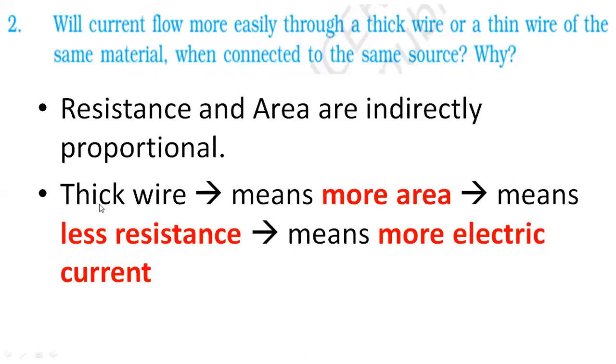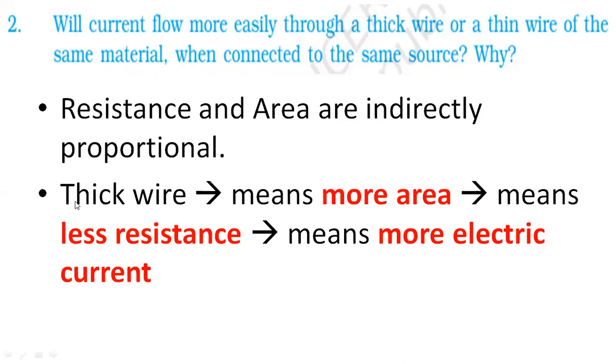What does thick wire mean? Thick wire means more area. But more area means what? Less resistance, because area and resistance are inversely proportional. But if there is less resistance, it means what? More electric current.